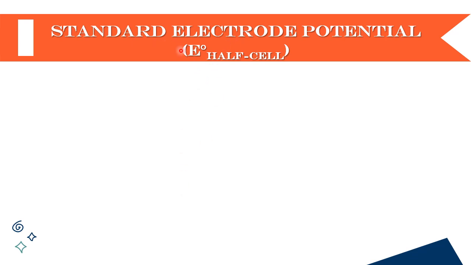You have E0 again. Why do we have the naught over here? Because it is standard electrode potential. When we talk about an electrode, meaning only one electrode of one half cell. Sometimes we also call it electrode potential, but there is some difference between electrode potential and standard electrode potential.